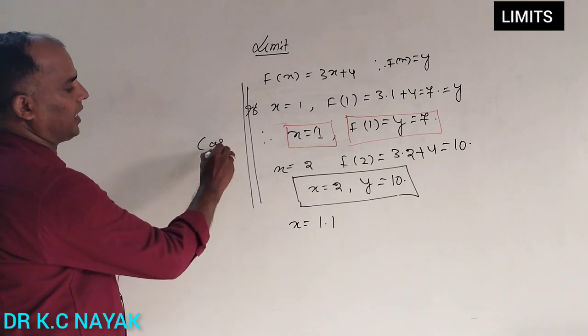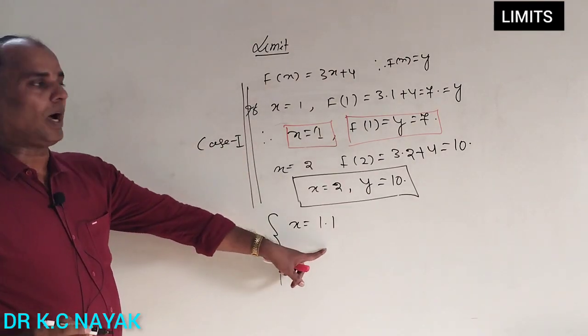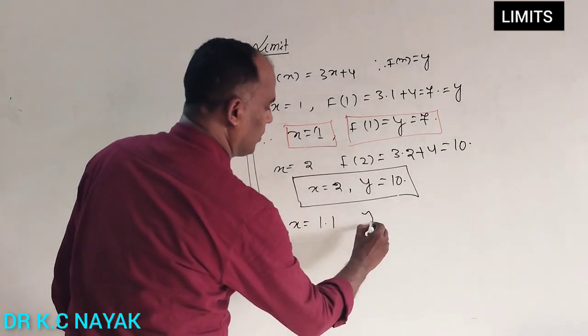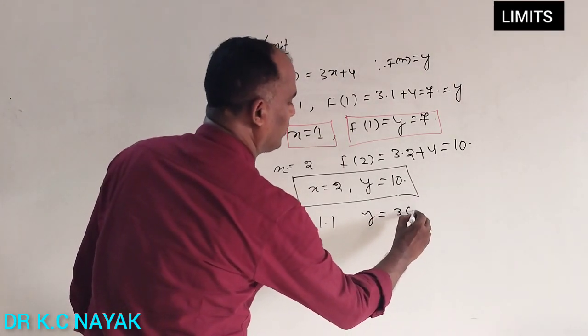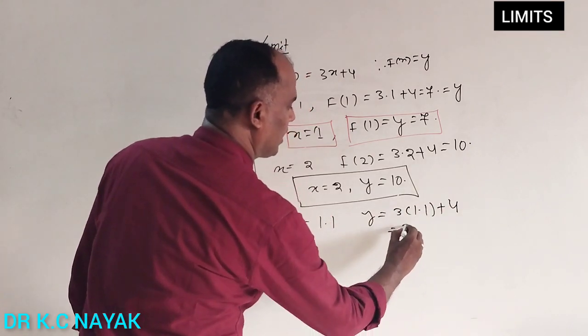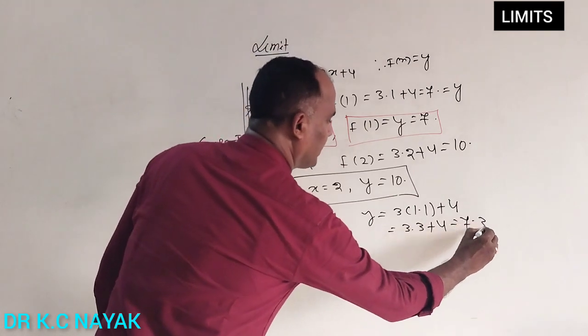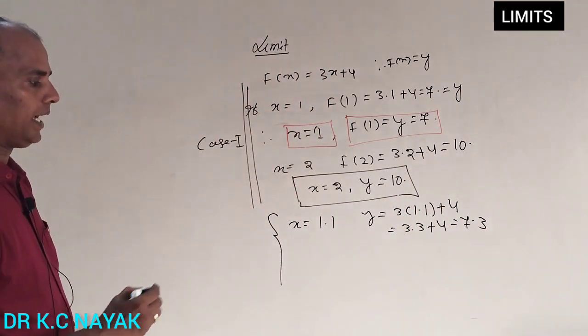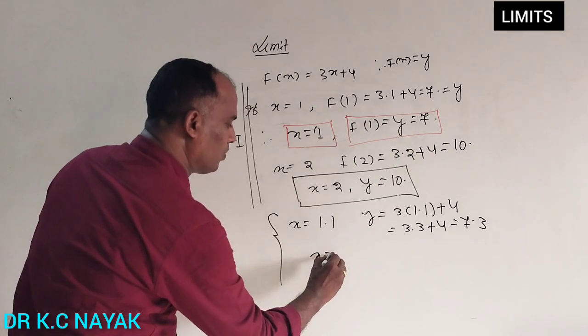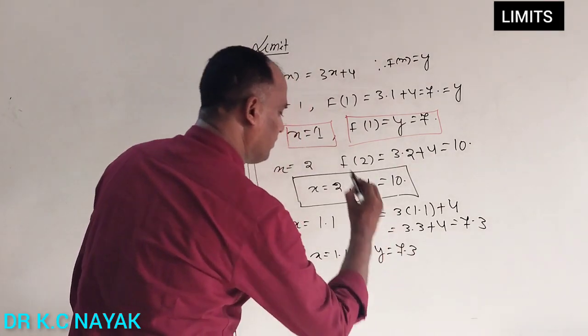This is my case 1. If x is equal to 1.1, what about y? Y is equal to 3 into 1.1 plus 4, which is 3.3 plus 4, that means 7.3. So x is equal to 1.1, then y is equal to 7.3.